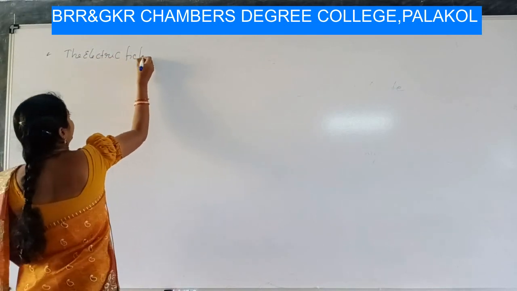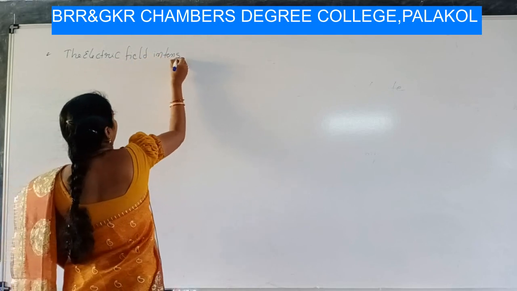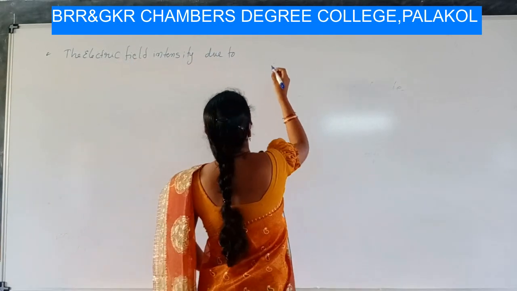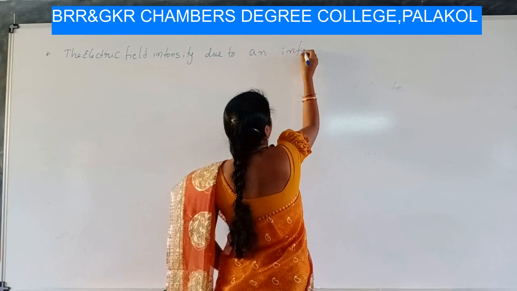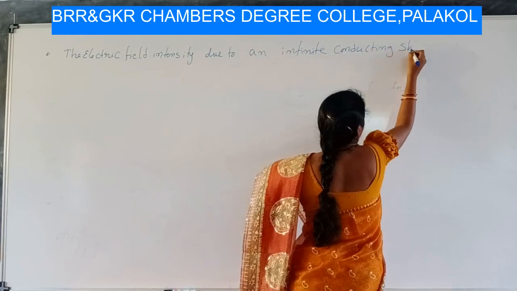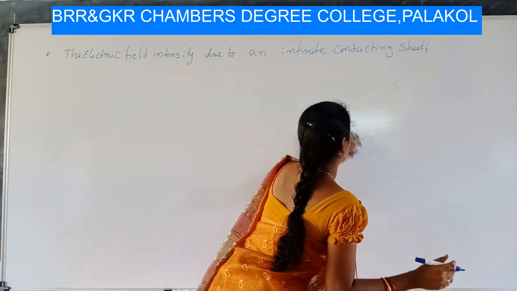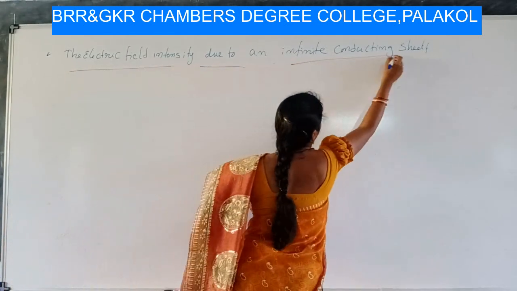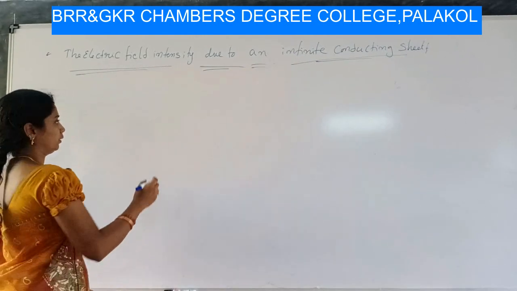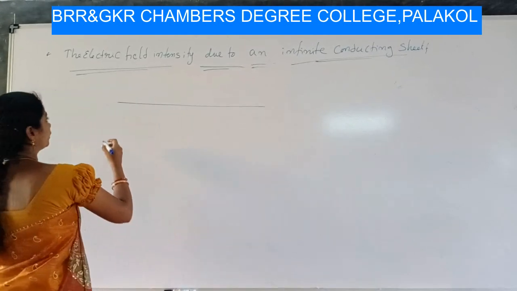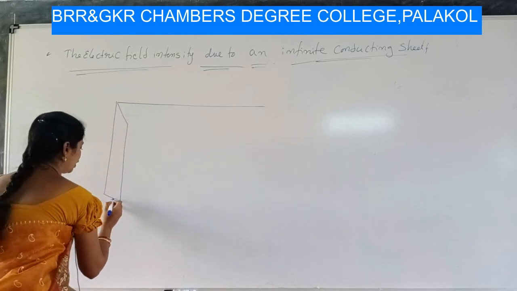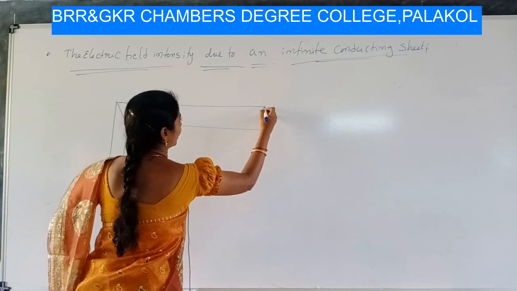For calculating the electric field intensity for an infinite conducting sheet, we consider the sheet as shown in this diagram.